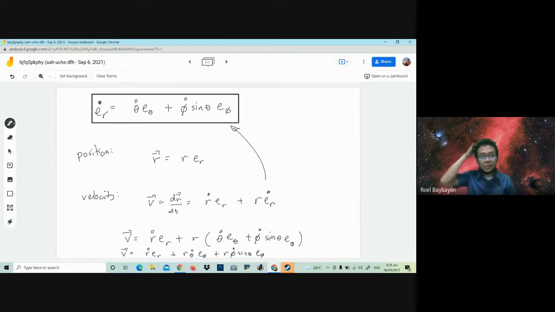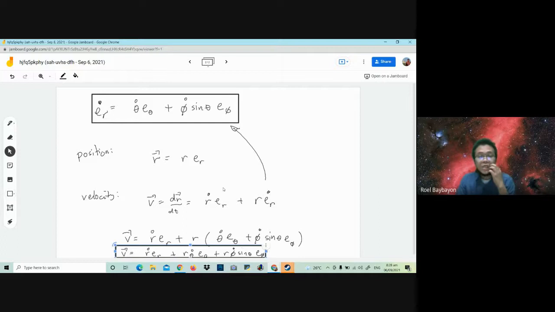As you notice, there is a radial term, a theta term, and a phi term. This is E theta, not E phi. So it is in the theta direction, and also in the phi direction. This is the velocity in spherical coordinates.